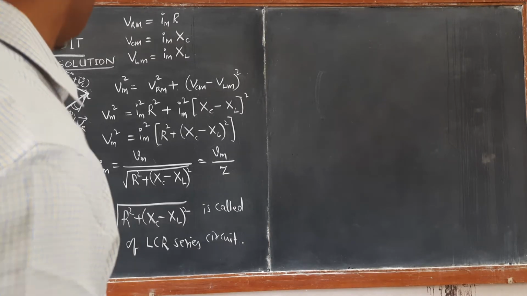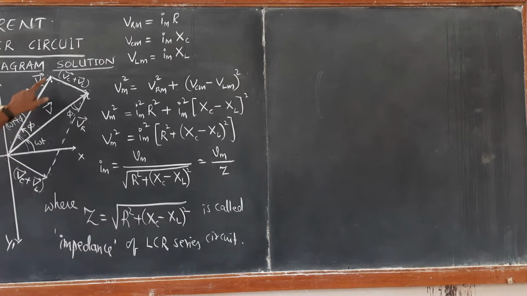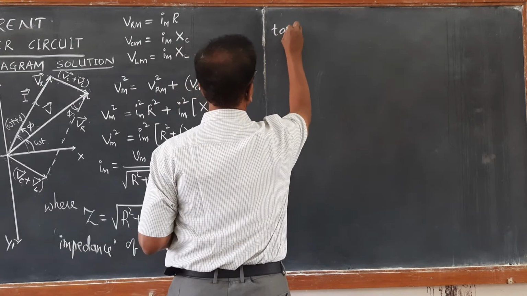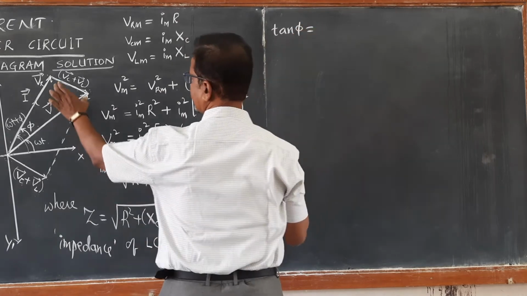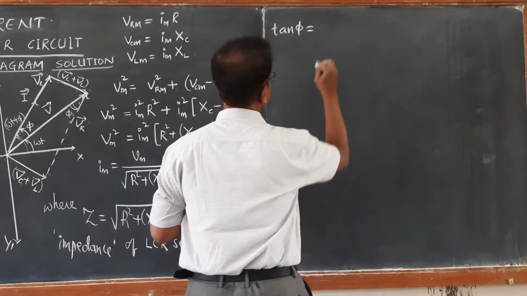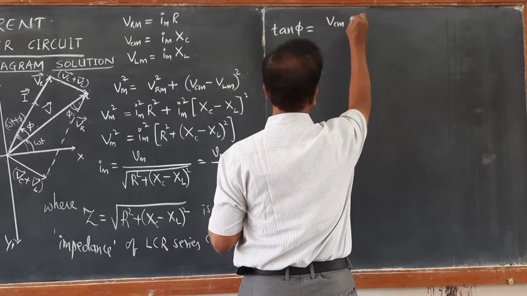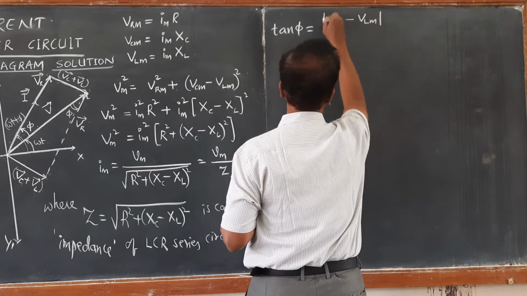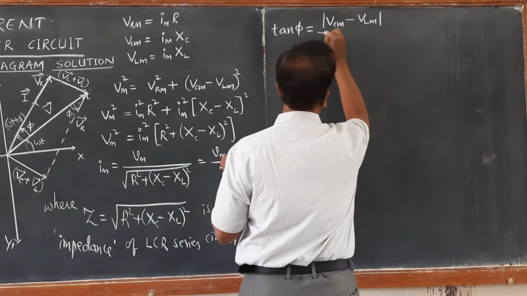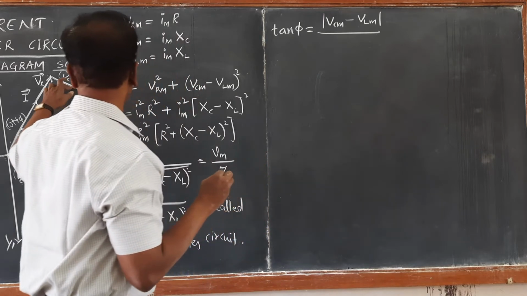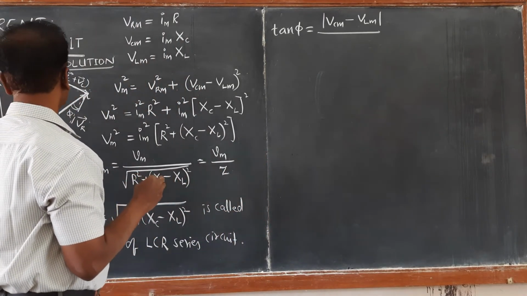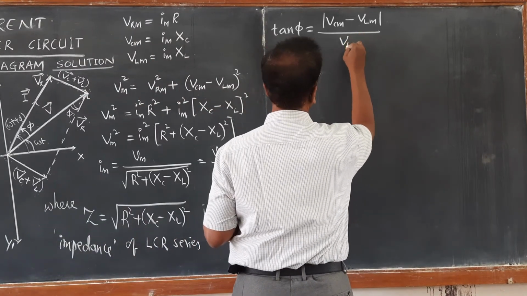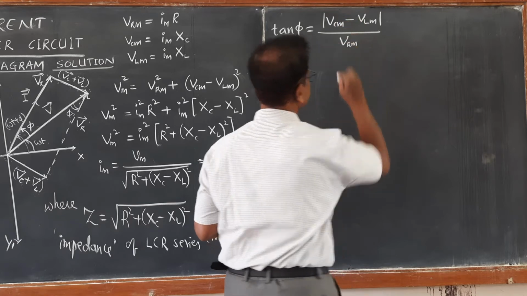So you can see this right angle triangle. From this right angle triangle, tan phi is equal to the magnitude of the VC vector plus VL vector. The magnitude of the VC vector plus VL vector is nothing but VCM minus VLM, divided by, opposite by adjacent, and the adjacent here is the VR vector. So the magnitude of the VR vector is VRM.